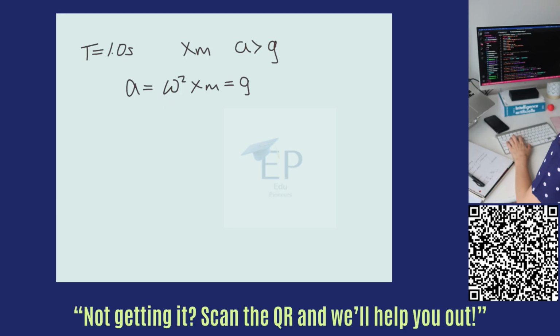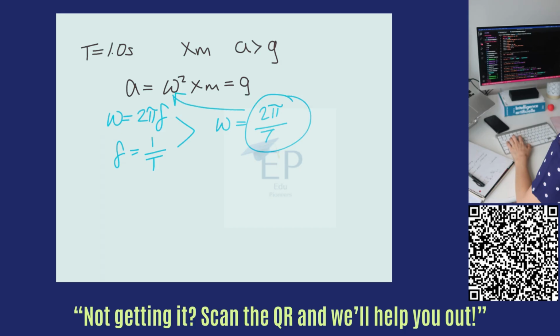So we have omega equals 2 pi times your frequency, and we also know that frequency equals 1 divided by the period. When we put those two together, we essentially get that our omega is 2 pi over our period. So we can substitute this in for our omega here.